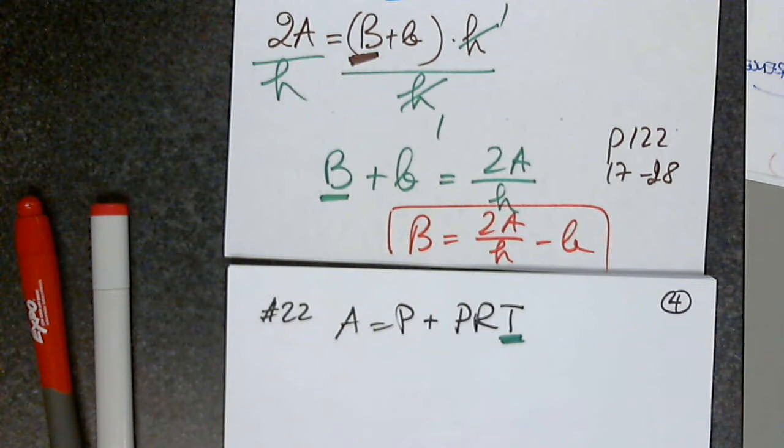The problem is telling us solve for T. So look at this equation as if everything is a number except T, and think what would you normally do to solve for T. Can anyone give us an idea?